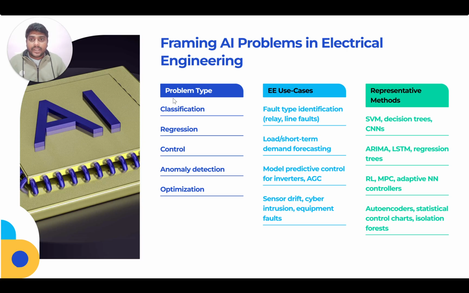Framing AI problems in electrical engineering. To apply AI effectively, we must understand the types of problems we deal with in electrical systems. We commonly encounter classification tasks like identifying relay or line faults. Regression problems help forecast demand or predict equipment behavior.